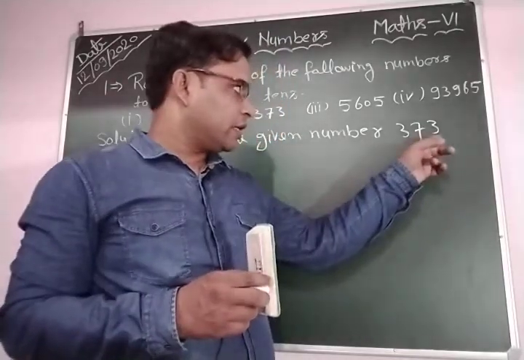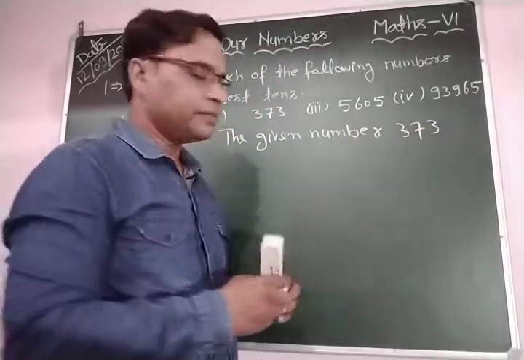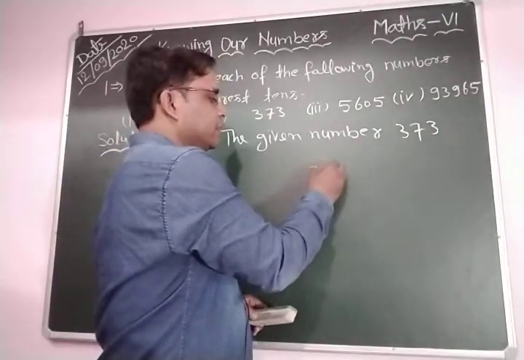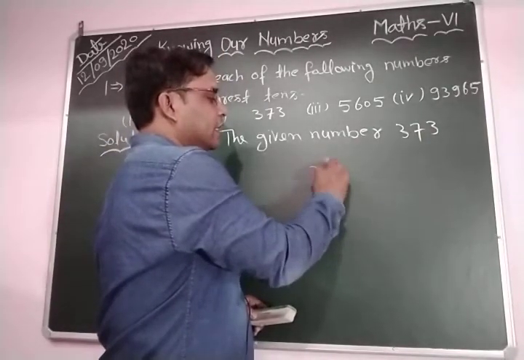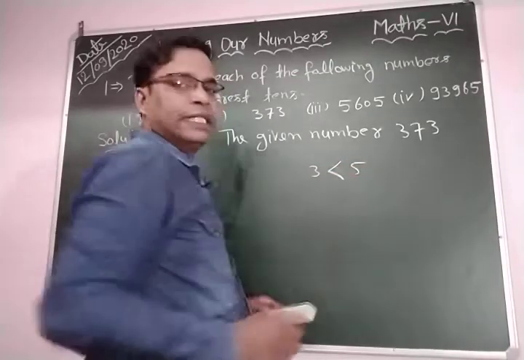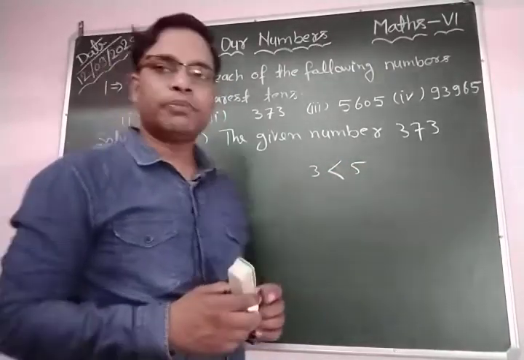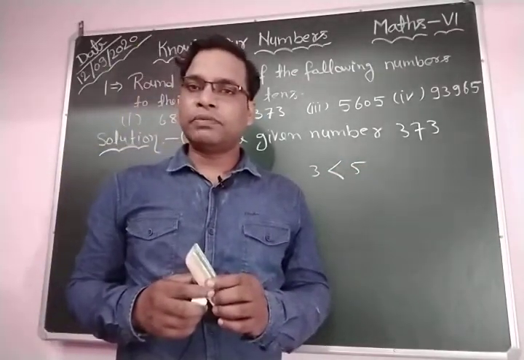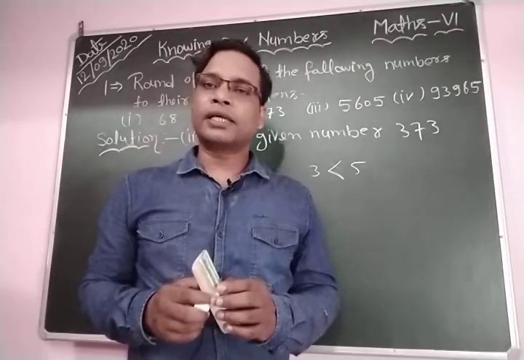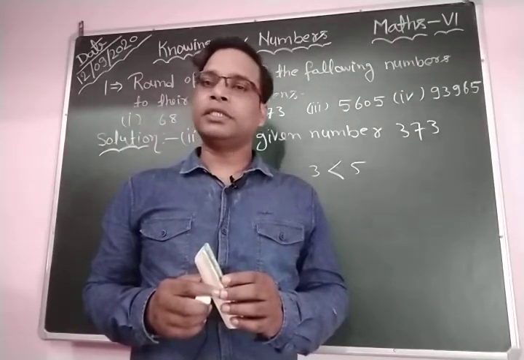Here we observe that the ones place digit is 3, and 3 is less than 5, so we replace the ones place digit by 0 and keep all other digits of the number as they are.